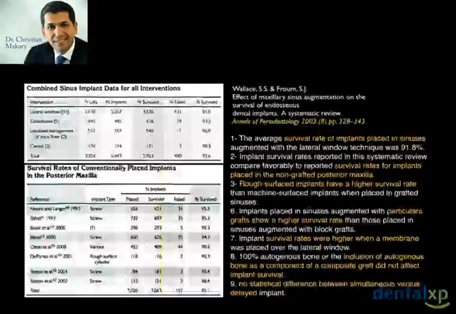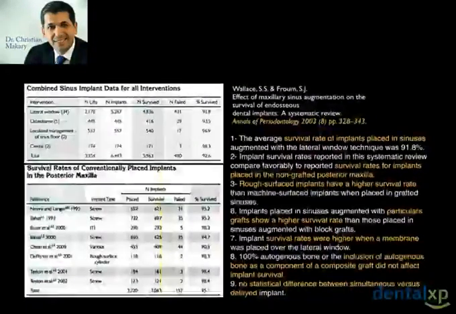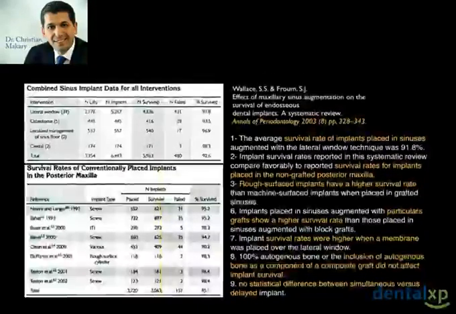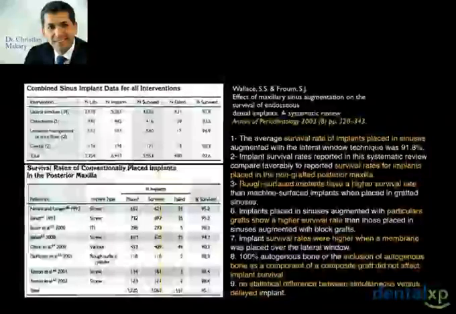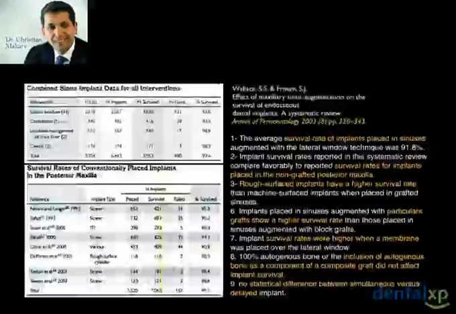Survival rates were higher whenever we used a membrane over the window. The inclusion of autogenous bone as a component of a composite graft did not affect implant survival. So it's not very important to mix the xenograft with autogenous bone unless we use some PRP or some PRF, for example, that can be used above the window, and those growth factors may lead to an acceleration of the bone formation process.